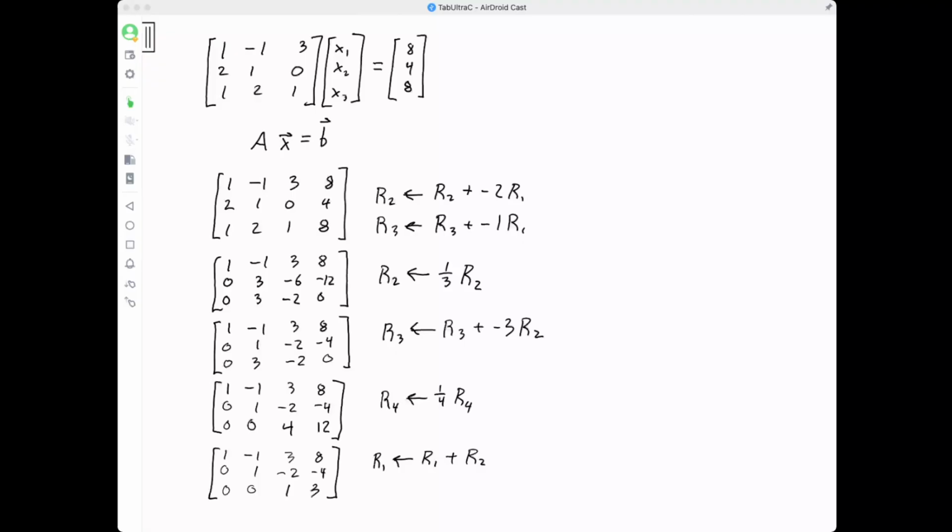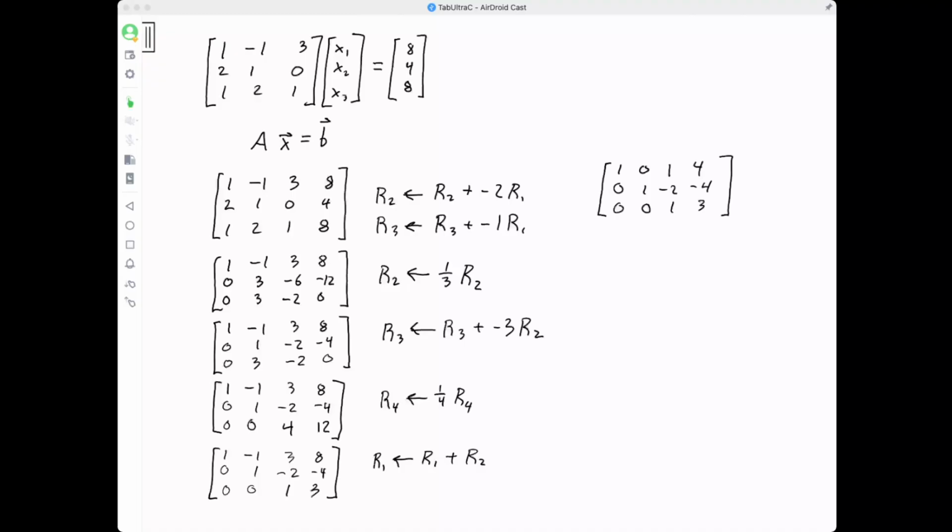So that gives me 1, 0, 1, 4. The second row stays the same, 0, 1, -2, -4. And the third row stays the same, 0, 0, 1, 3.